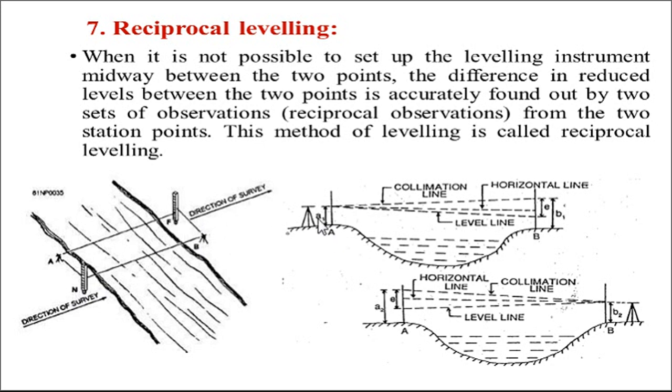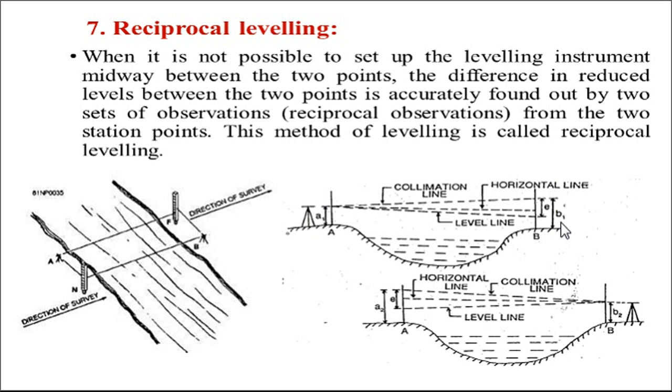See, in this cross section, the level is set at this point and we have taken the first reading over here. This is A1, and also the staff kept on the other bank is B, and on that also we have to take the reading, say B1.